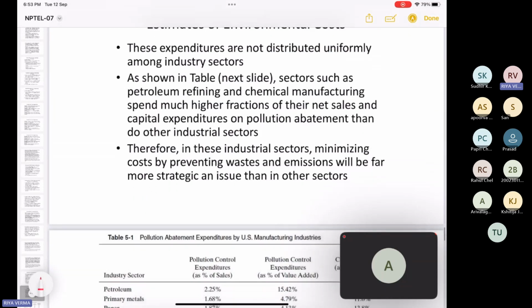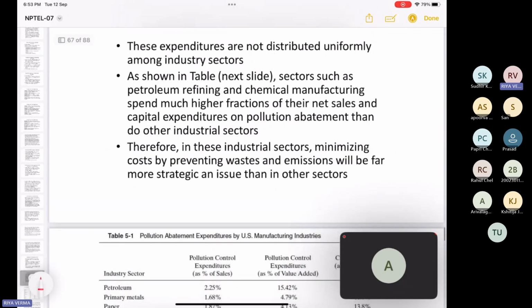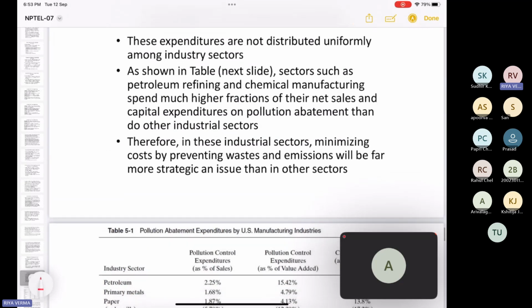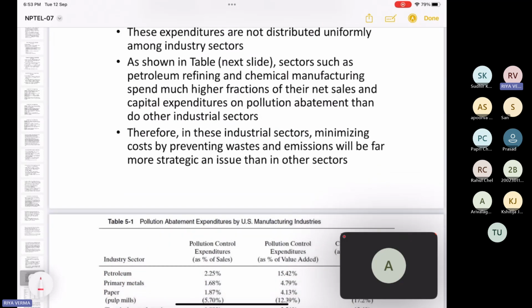In this slide, we have a table showing that sectors such as petroleum refining and chemical manufacturing spend much higher fractions of their net sales and capital expenditures on pollution abatement than do other industrial sectors.